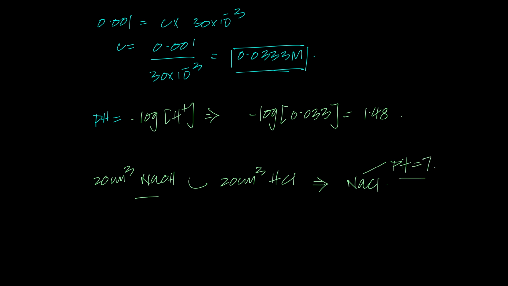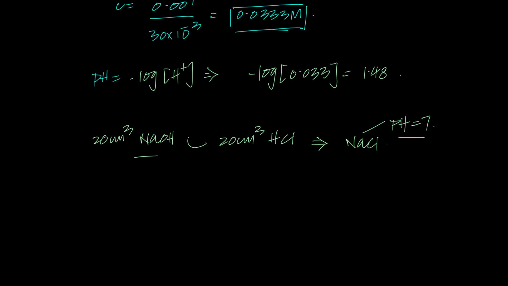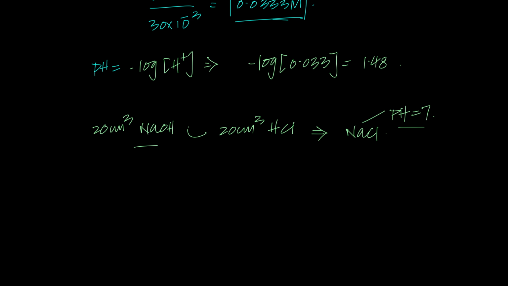So effectively, you are going to go from pH 1 to 1.48, and then the pH would increase up until which point? Up until all the acid and all the alkali have reacted with each other. Effectively, if it's in 1:1, 20 cm³ of acid has reacted with 20 cm³ of alkali.